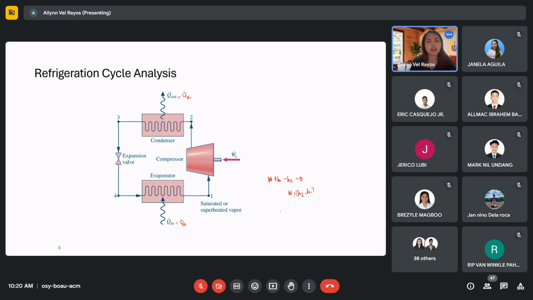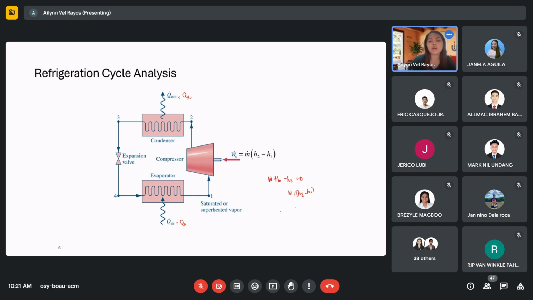So, in positive, out negative. Work plus H1 minus H2 equal to 0. If we're going to compute this, so work is equal to H2 minus H1 multiplied by the mass flow rate. Okay, so therefore, work natin is mass flow rate multiplied by the quantity H2 minus H1.